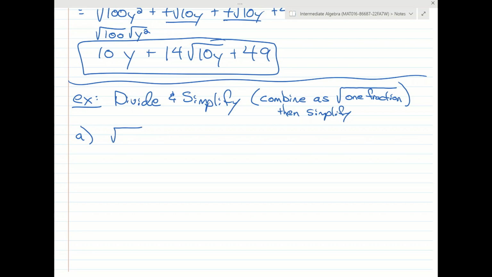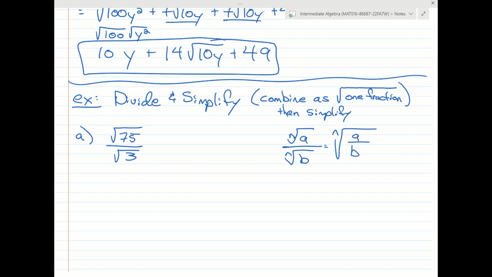So like if we had the square root of 75 over the square root of 3. One rule with radicals is it says if you have the nth root of a fraction over the nth root of a fraction, you could just combine this to be one whole fraction. And similarly, you could separate it too.